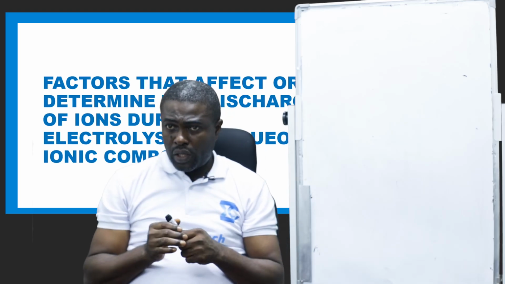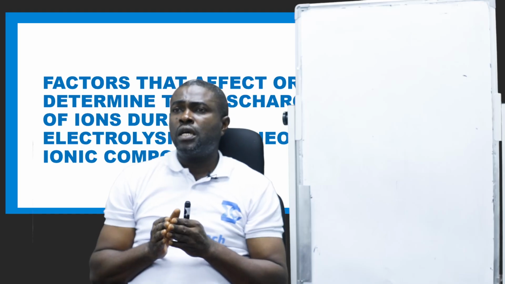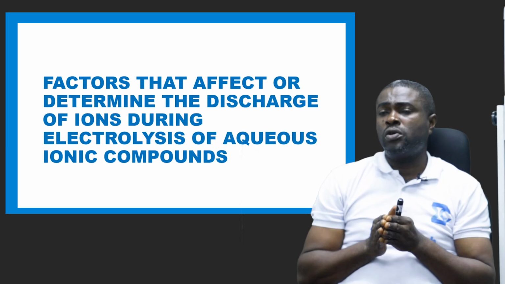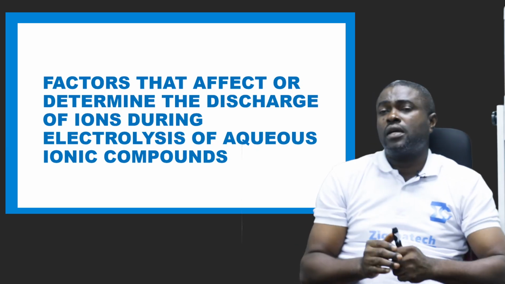That is why we are here today. When you pay attention, you will understand that there are a set of rules or factors that will help us to know which one is moving out and which one is staying back.